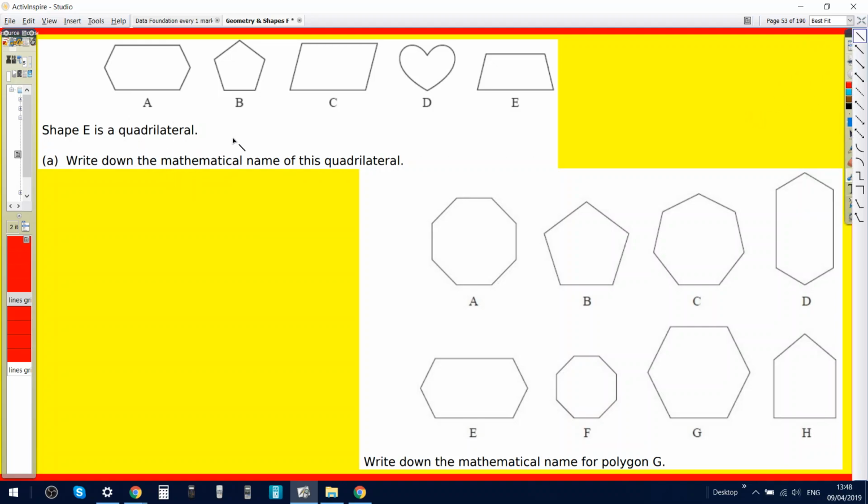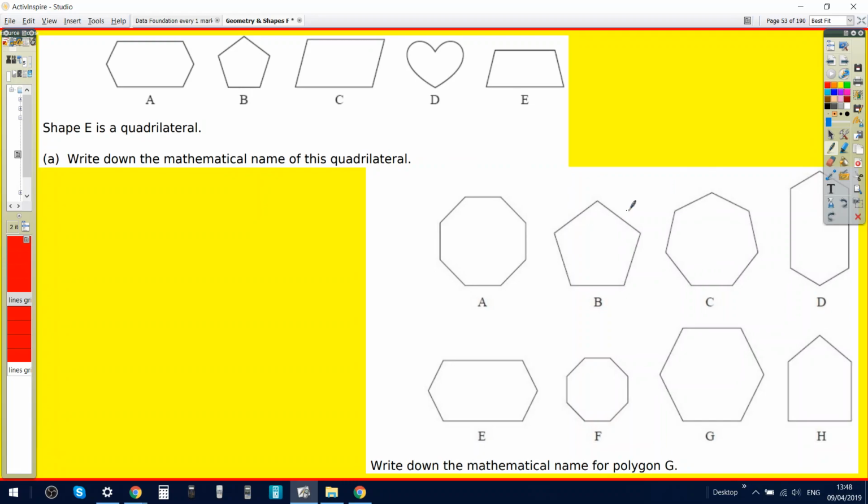How about this one top left? Shade. Quadrilateral. Is it trapezium?